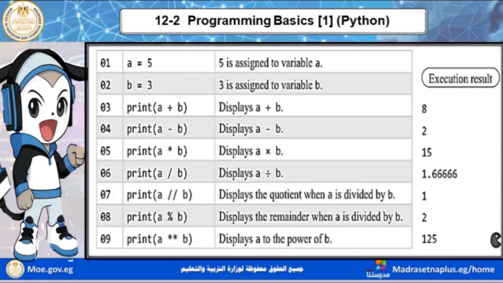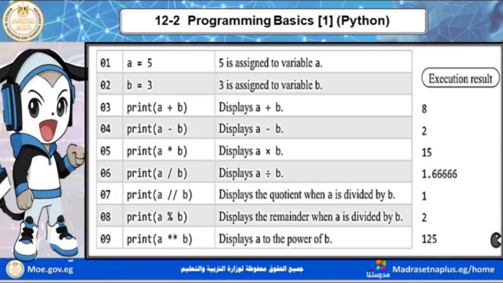But when we use a double slash b, we display the quotient when a is divided by b, so the result will be 1. And now we will get the remainder of this operation. So we use a percentage b, which means to get the remainder when a is divided by b.